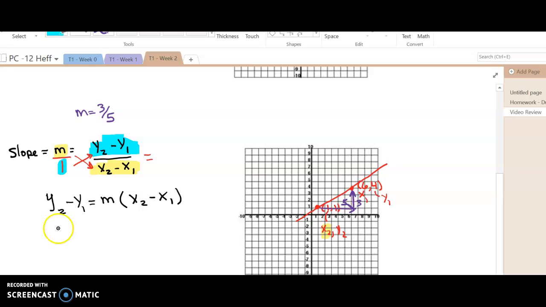This is called point slope form instead of intercept form.